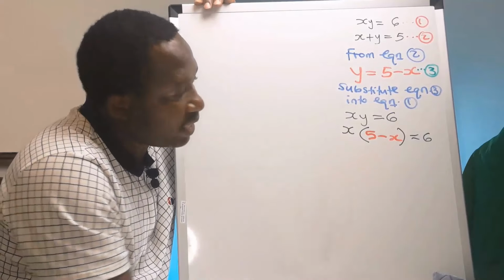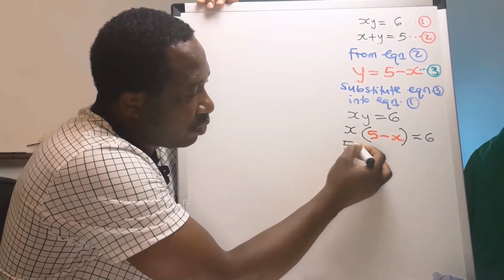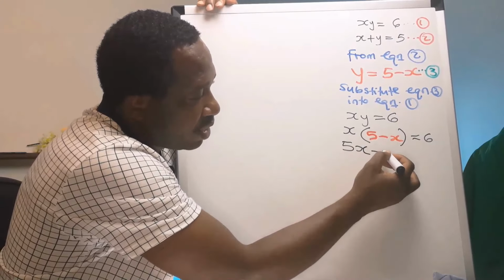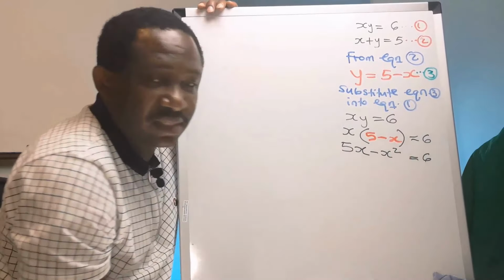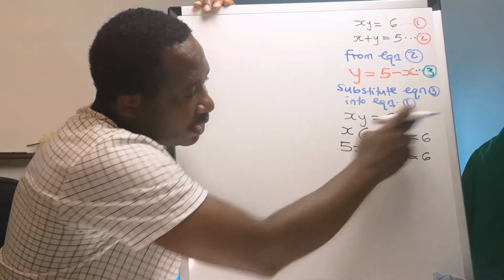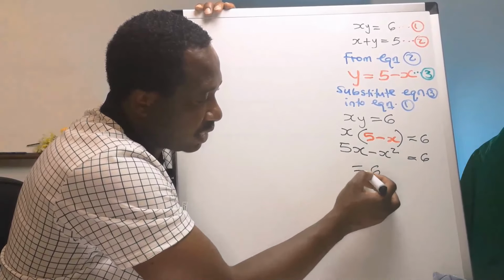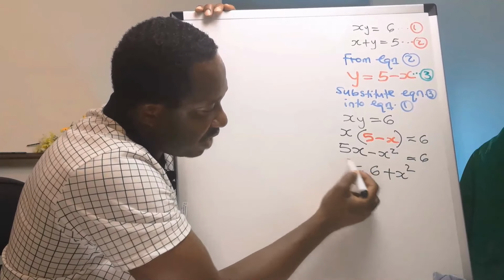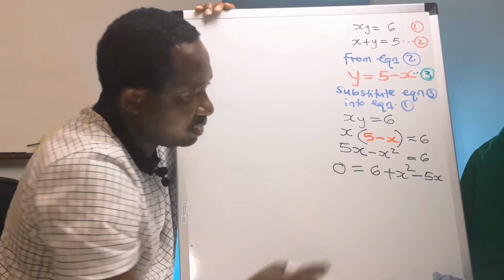Next, let's expand the bracket. x times 5 will give you 5x. x multiplied by minus x will give you minus x squared, and on the other side we have 6. The x squared, I want to make it positive, so I will take it across to the other side. Here I'm going to have 6 on the other side, and you're going to have plus x squared. I will move this 5x across, it becomes minus 5x. On this side is 0.